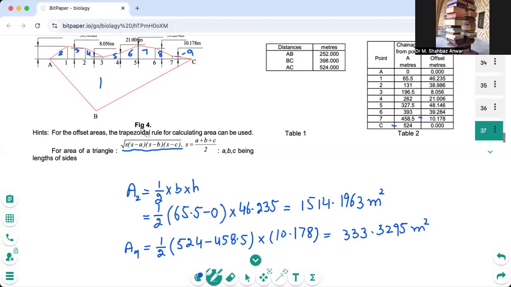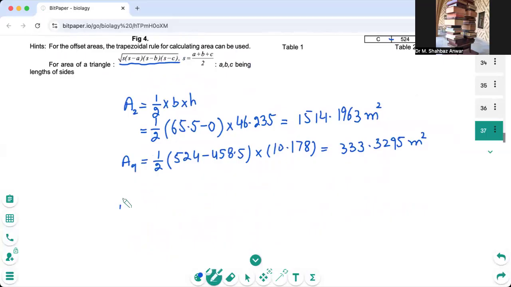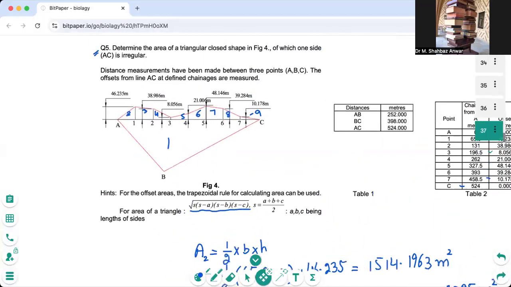Now, we can go to the other structures that are trapezium. For example, area number 3: how will we calculate the area of a trapezium? This area 3 is the area of a trapezium, and the formula is (A plus B) divided by 2, times H. Let me explain what these mean.